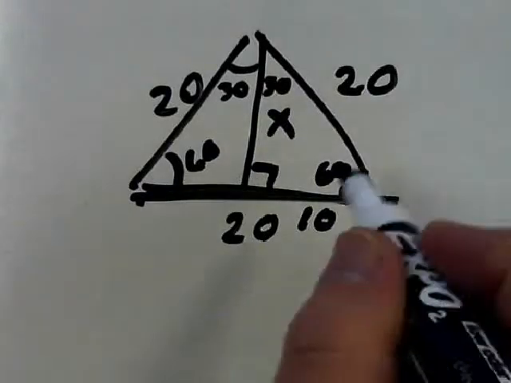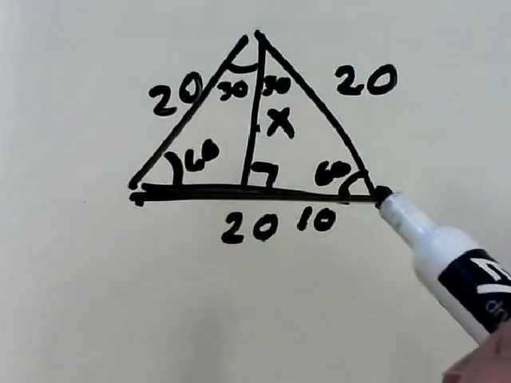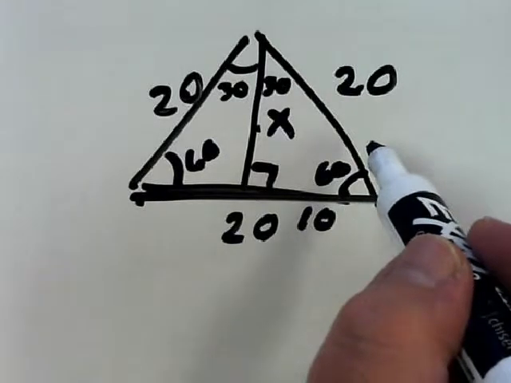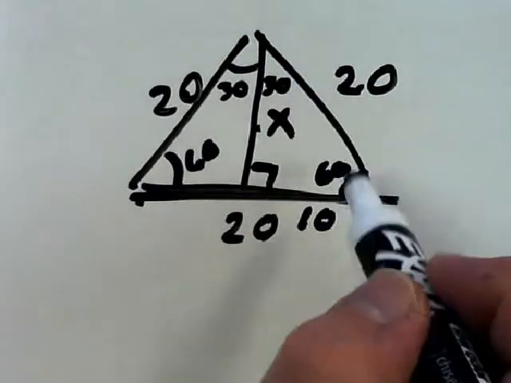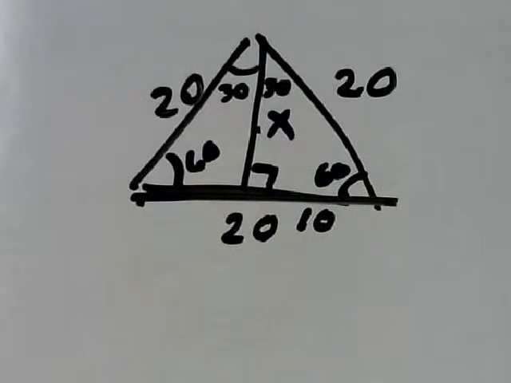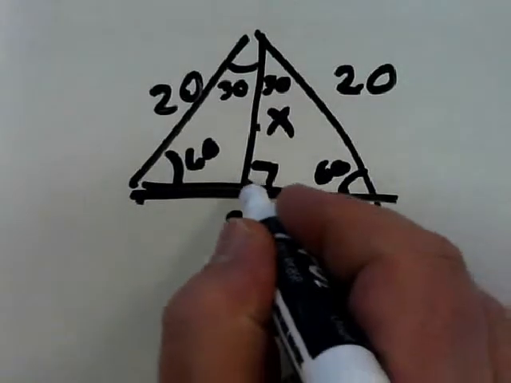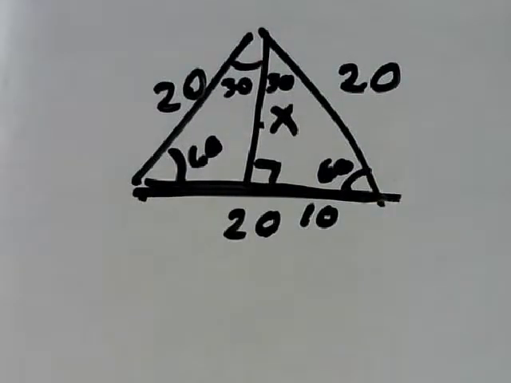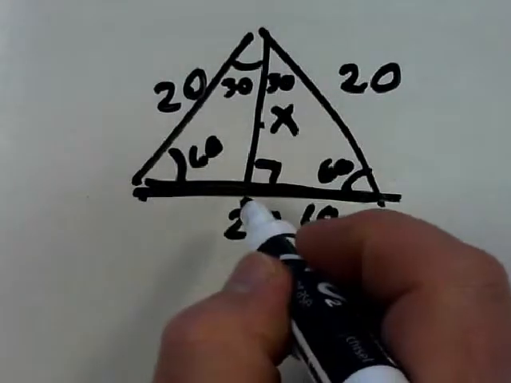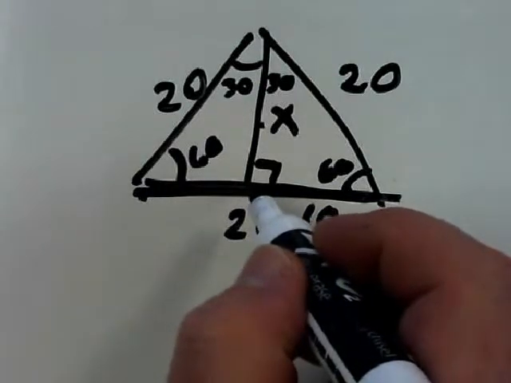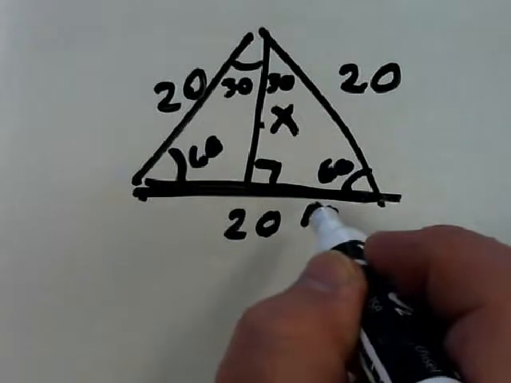So there's two ways that I could go and find x, either by using the Pythagorean theorem, or the relationship that we developed with a 30, 60, 90 right triangle. Remember that relationship? If I knew the shorter leg, and the shorter leg happens to be this 10, isn't the longer leg in a 30, 60, 90 triangle the square root of 3 times bigger than the shorter leg?